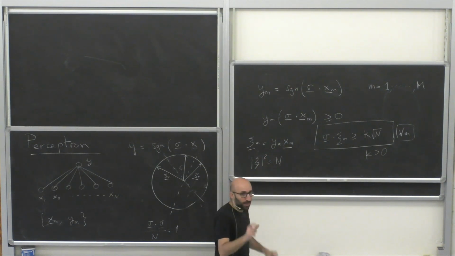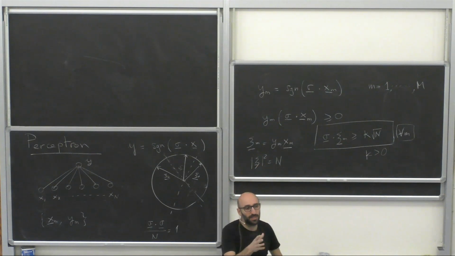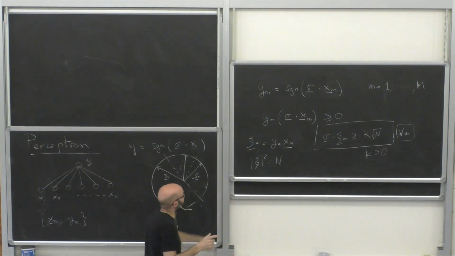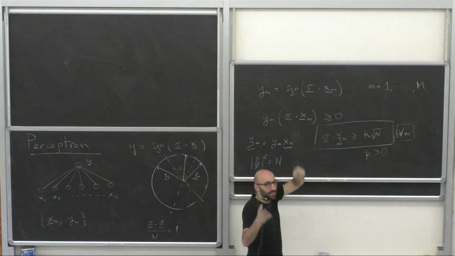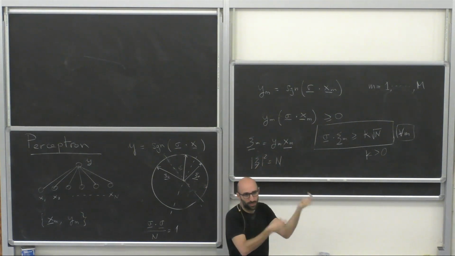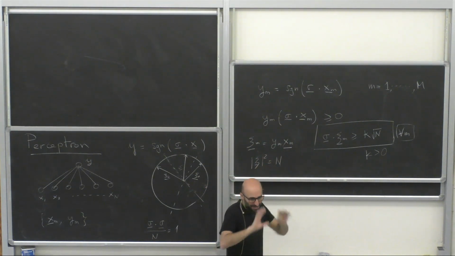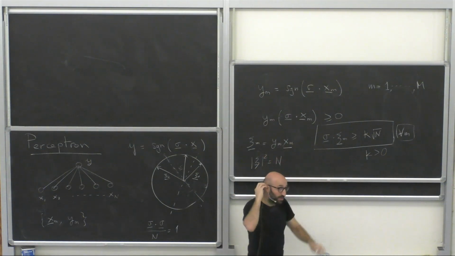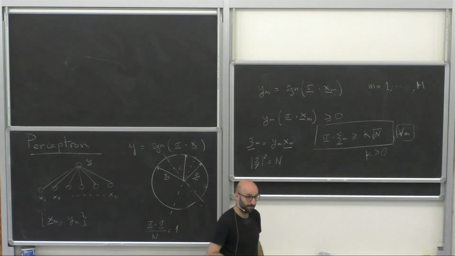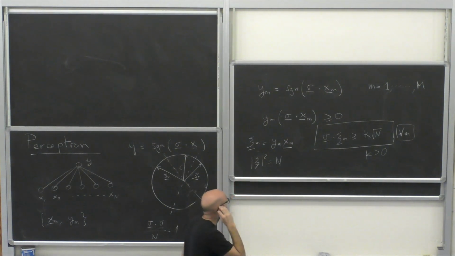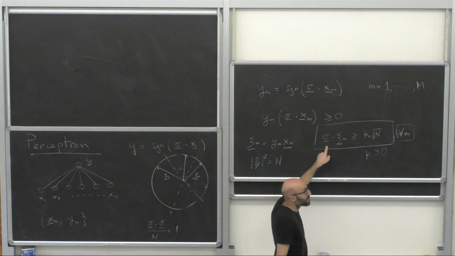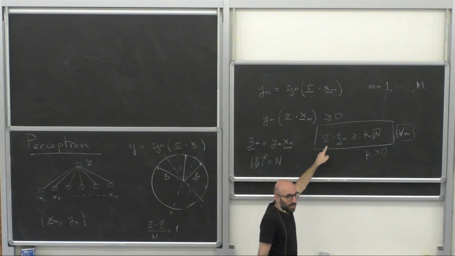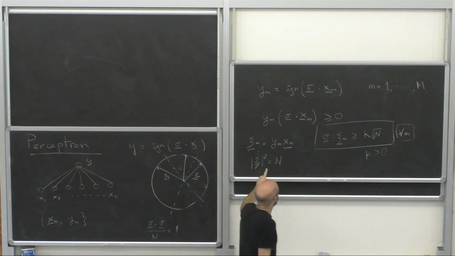Y is plus minus 1. I take plus minus 1 for convenience because I use the sign here. If I take the sign, then y has to be plus minus 1. And if you impose that constraint on psi, then what is that constraint? No, the constraint is on sigma, sorry.